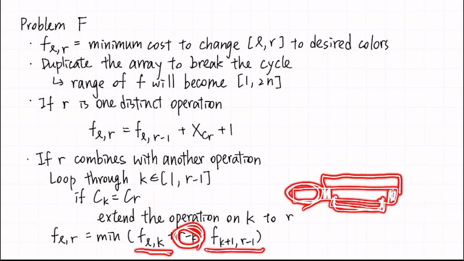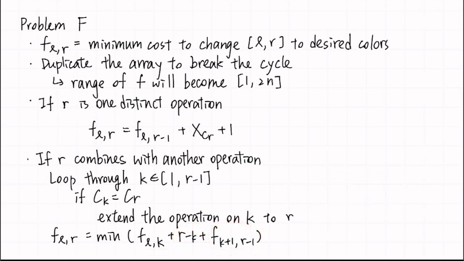So this is FK plus 1 to R minus 1. And so we need to find the minimum value over all valid K and update FLR accordingly. So if this is unclear, we can look at the code.